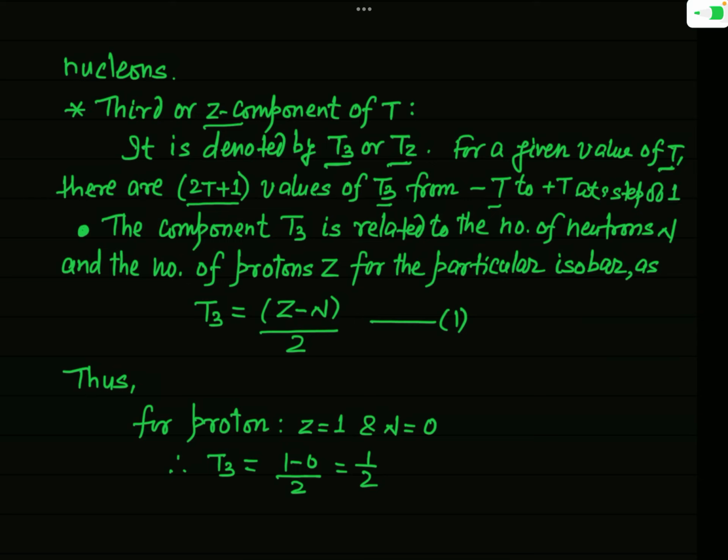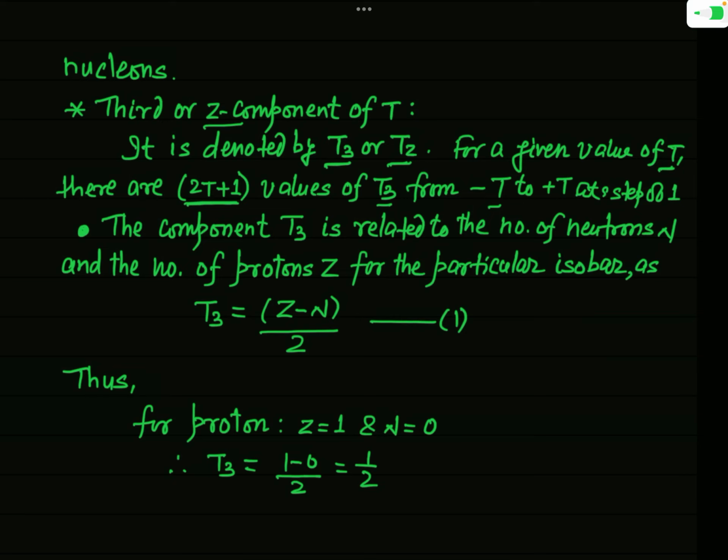It means from minus T to plus T, the values of T3 will lie, and so the total number of values of T3 for a given value of T will be 2T plus 1. Actually, this 2T plus 1 represents the 2T plus 1 quantum states. This is just analogous to the idea of a spin.